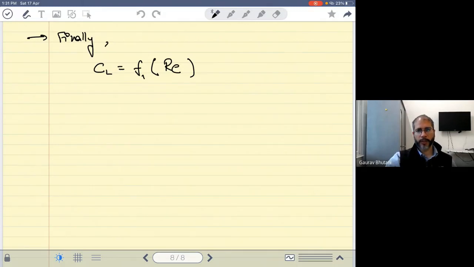Now what you can do is simply vary the Reynolds number and find the CL values, and since there are only 2 parameters here, you can draw a curve, and that curve has all the information you need for your design purposes. It has all the information about a given shape of aerofoil that you are dealing with, all sizes, all different fluids, all velocities of fluid moving against the aerofoil. Everything is contained in this relationship.